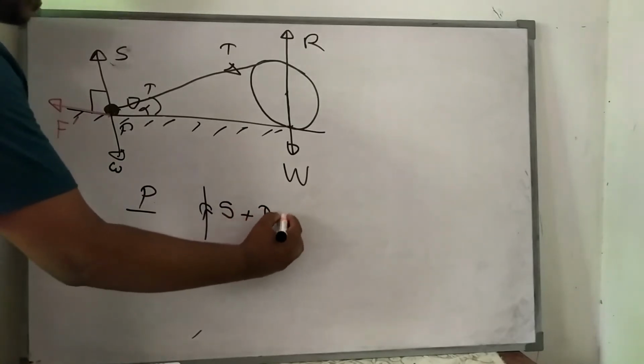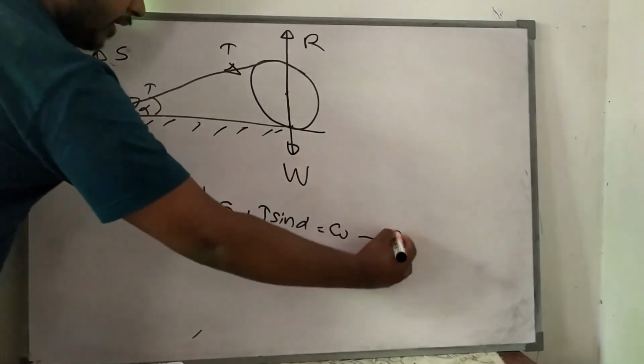S plus T sin alpha equals W. Equation number 1.